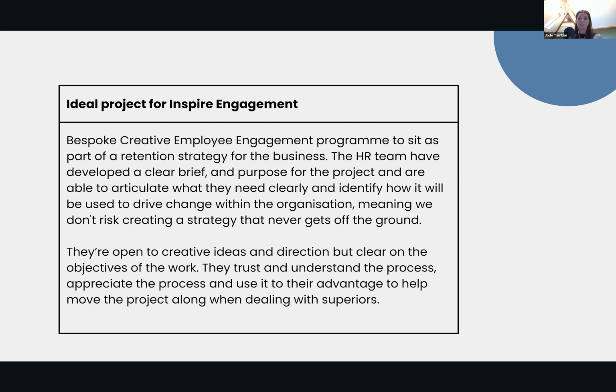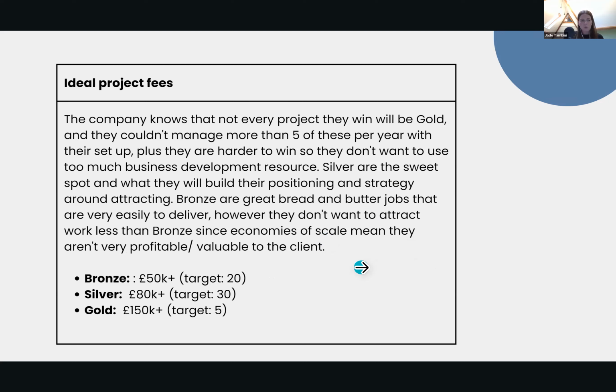All you need to do in this section is describe, and you can spend time with your sales departments if needed, what is the perfect project for us, how does it run, and what are the key facets to it? And then I also like to do a bit of banding on project fees, because if we just said, oh, we only want deals at 50K a year, just going for the absolute optimum ideal is not always realistic.